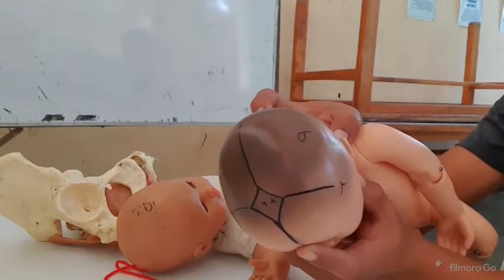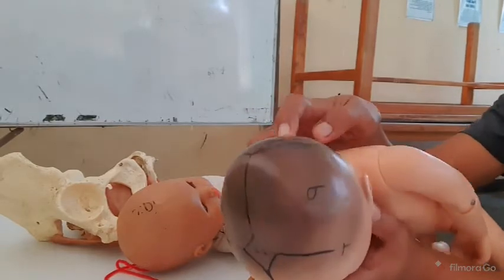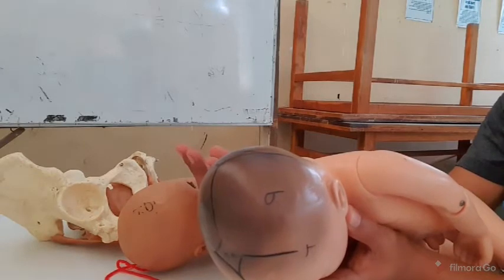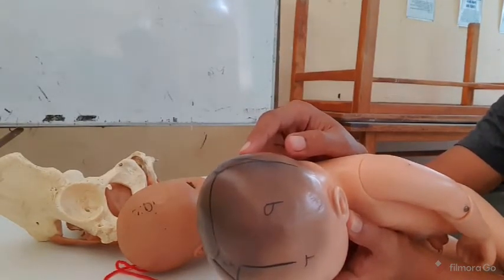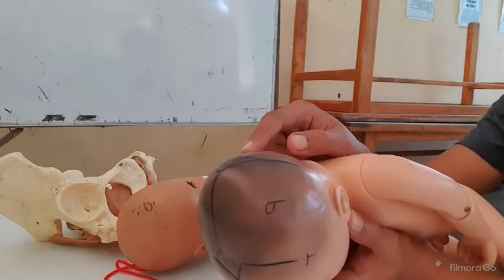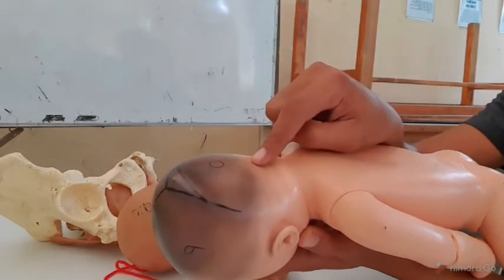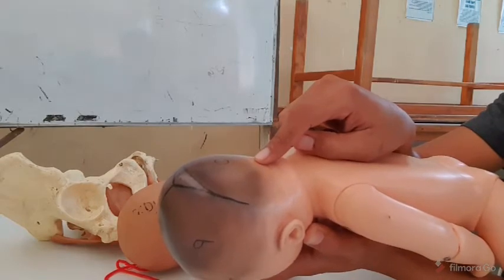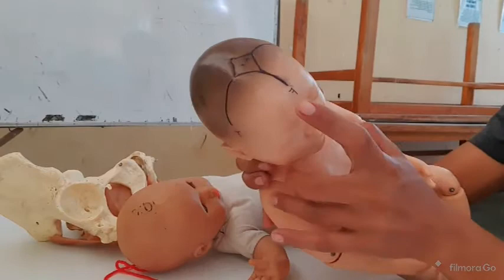Next, we also have the suboccipitofrontal. The suboccipitofrontal is measured below the occipital protuberance, going into the center of the frontal suture.